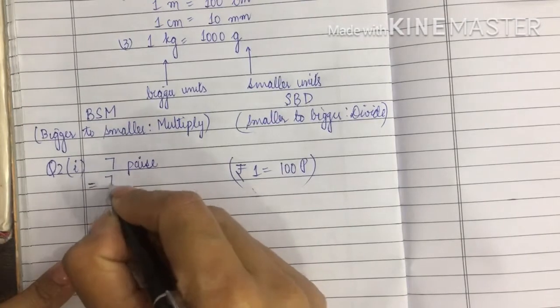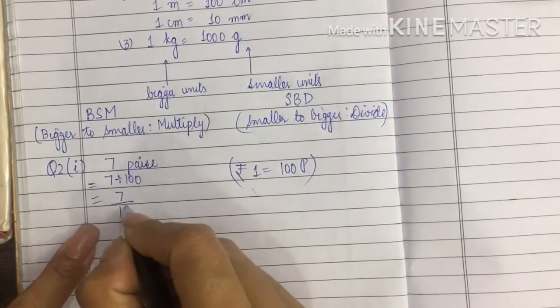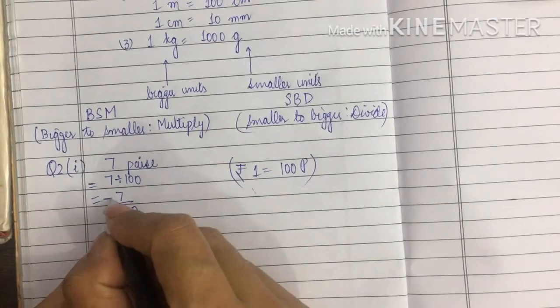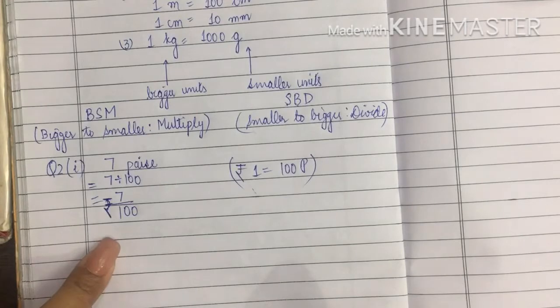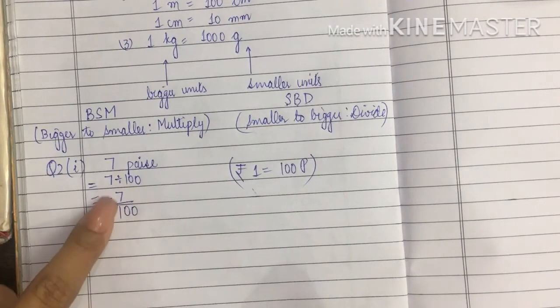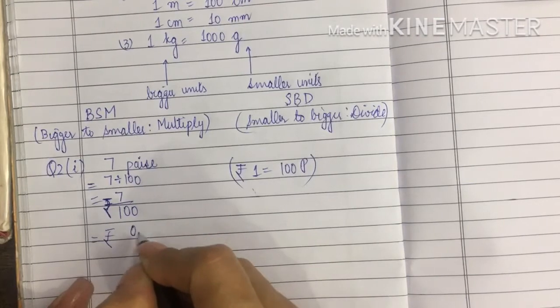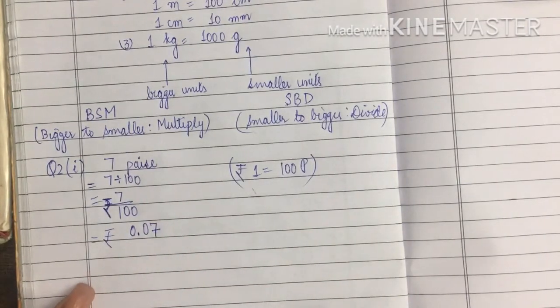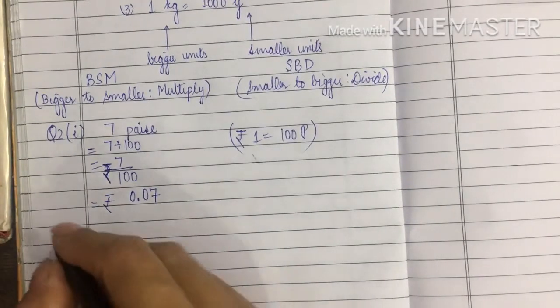So 7 divided by 100, this will be written as 7 over 100, and once you divide, this will be in rupees. Now change this fraction into decimals, so this will be 0.07 rupees.